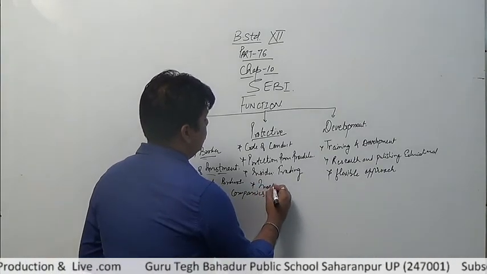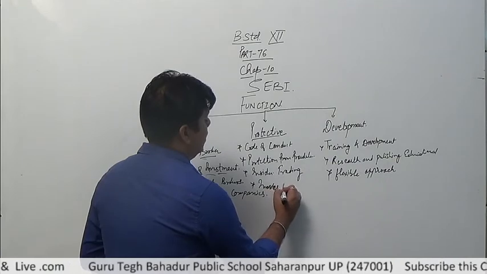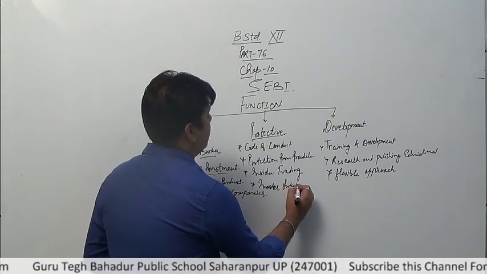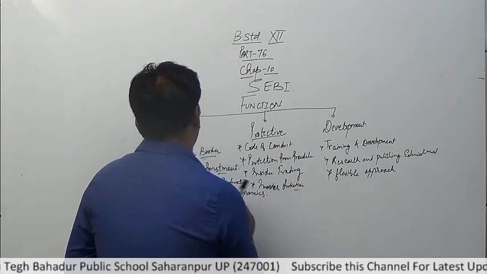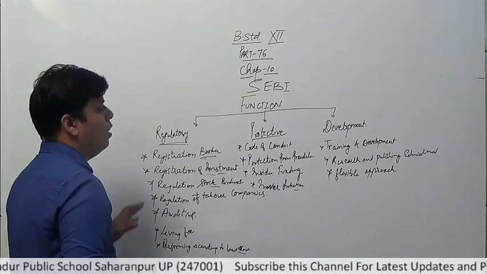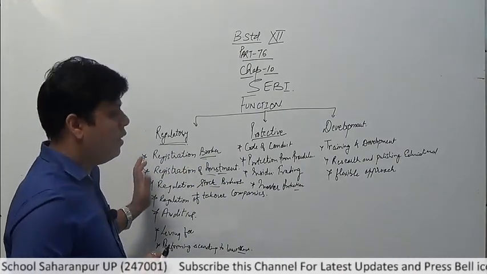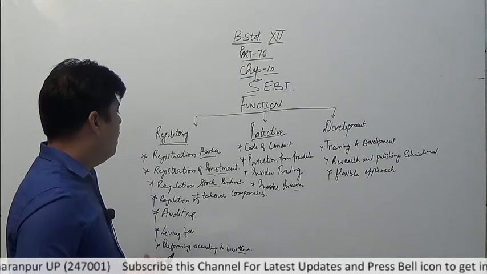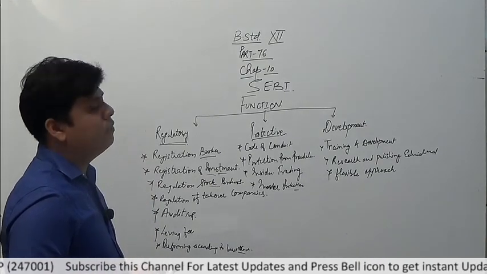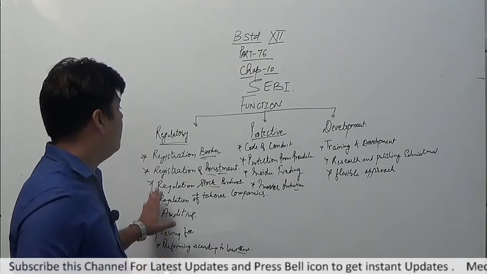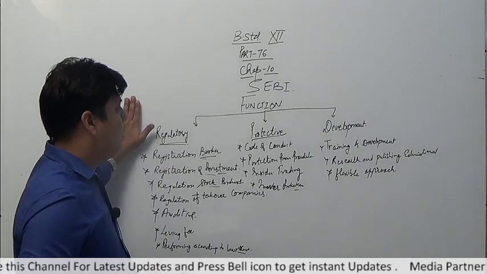So look at the complete difference between all these three functions. Regulatory is where the day-to-day running of the securities exchange happens, with the work needed for the initiation of the company. Initial works come under regulatory work.